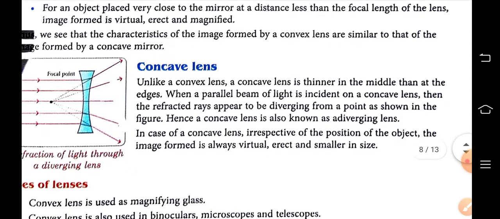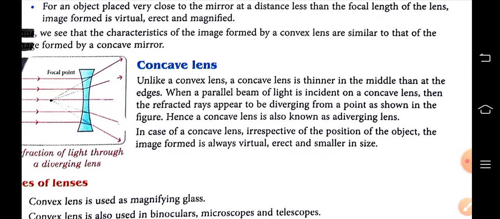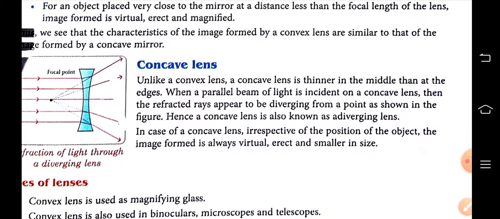So we see that the characteristics of the image formed by a convex lens are similar to the image formed by a concave mirror. Concave mirror and convex lens characteristics are more or less the same.